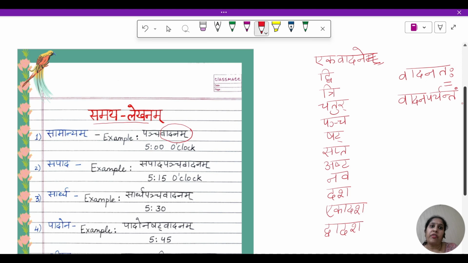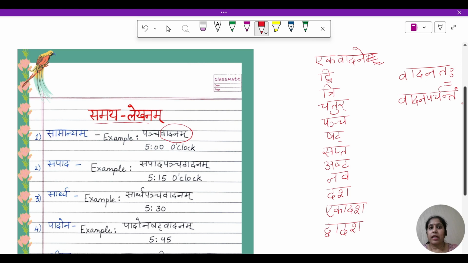When we want to say from, we say vadanatah. And when we want to say till, we use vadan paryantam. These things will not affect your Samay Lekhanam so much, but we will understand them in great detail. Now these things are clear, right? When we write vadanam, vadane, vadanatah, and vadan paryantam.